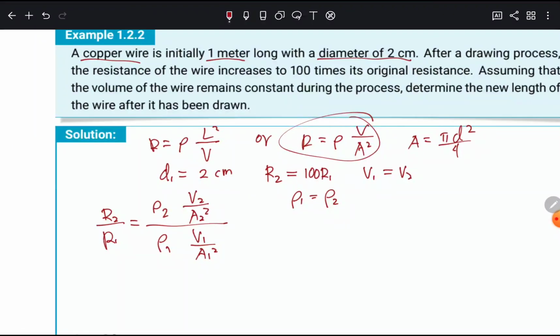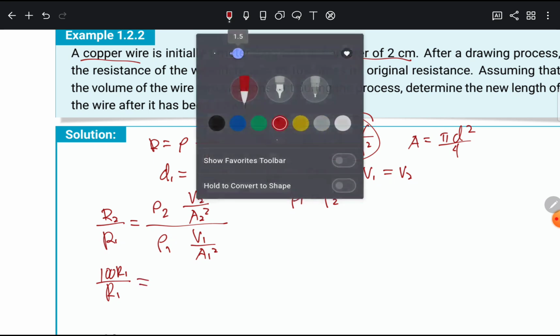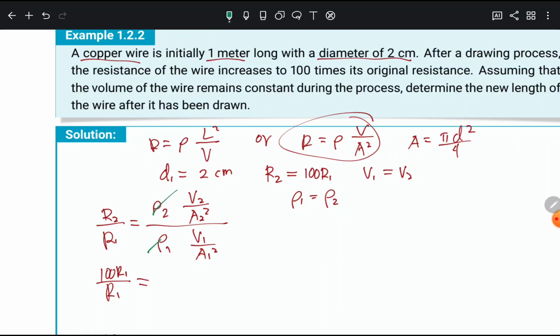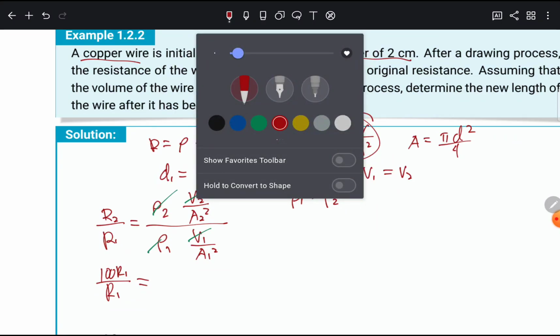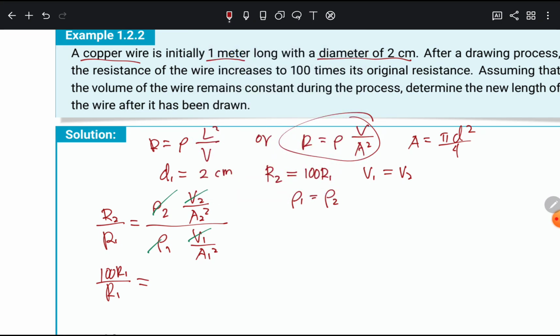Then from here, we can say that R2 is equal to 100 R1 all over R1, and we can cancel out rho 2 here and rho 1, and we can cancel out again the volume, and we have now just the area. But we know that the area is pi d squared all over 4, so we can put that inside.